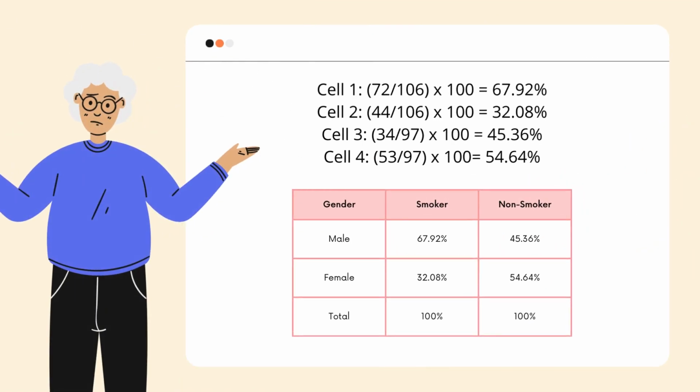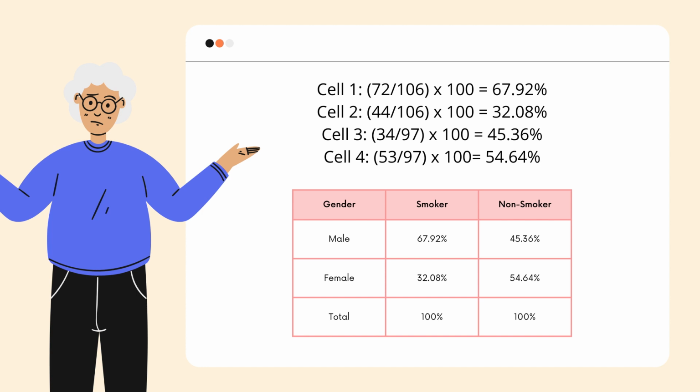So again, after the calculation, you can see we have divided 72 and 34 by 106, which is our column total, and multiplied by 100, and we get 67.92% and 32.08% respectively.